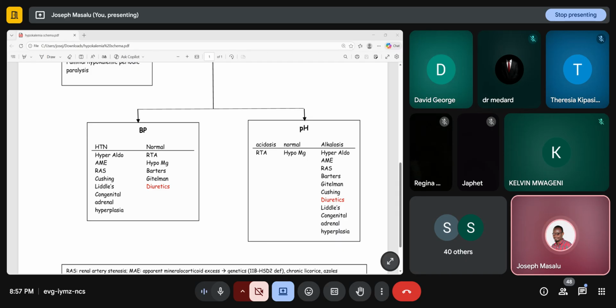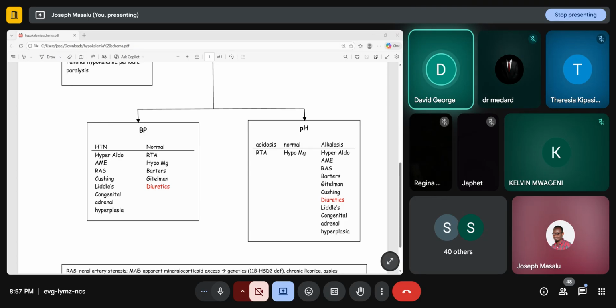So there's proximal and distal. I think distal is what goes with type 1, and then proximal is type 2, something like that, and then 3 and 4 are kind of a fusion. And yeah, I think we'll also go and review more on those.